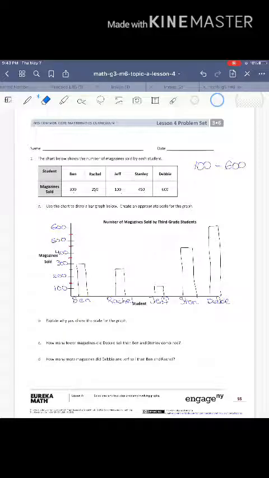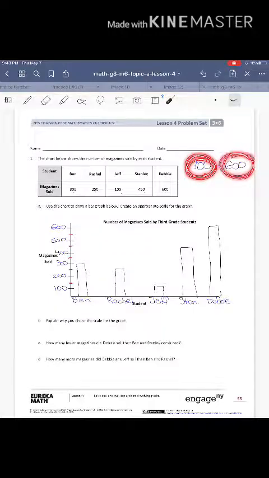Okay, so let's get started with the letter B now. The letter B says, explain why you choose the scale for the graph. The scale means this. How did we know how to choose these numbers? Okay, we kind of made the analysis here that we chose the first number was 100, and that was the smallest number, and this one was the biggest number, the 600.